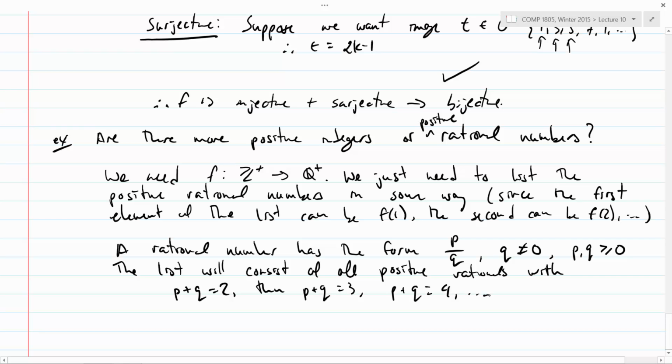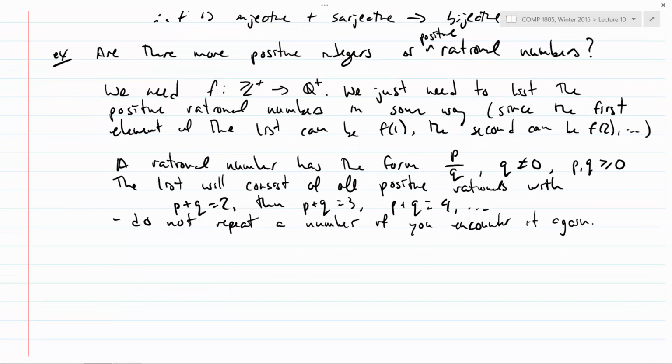And we also don't repeat any number if we encounter it again. Okay? And the key observation is there's only a finite number of rationals whose sum is some particular thing.